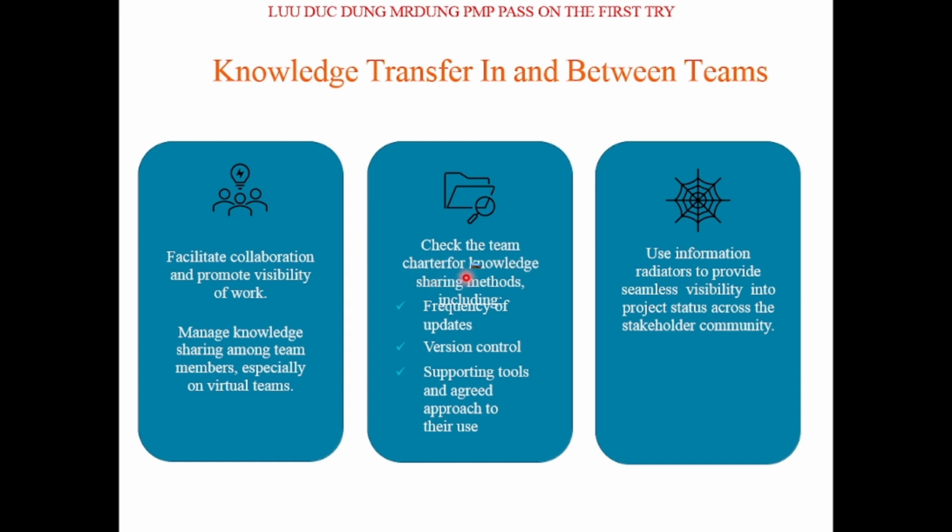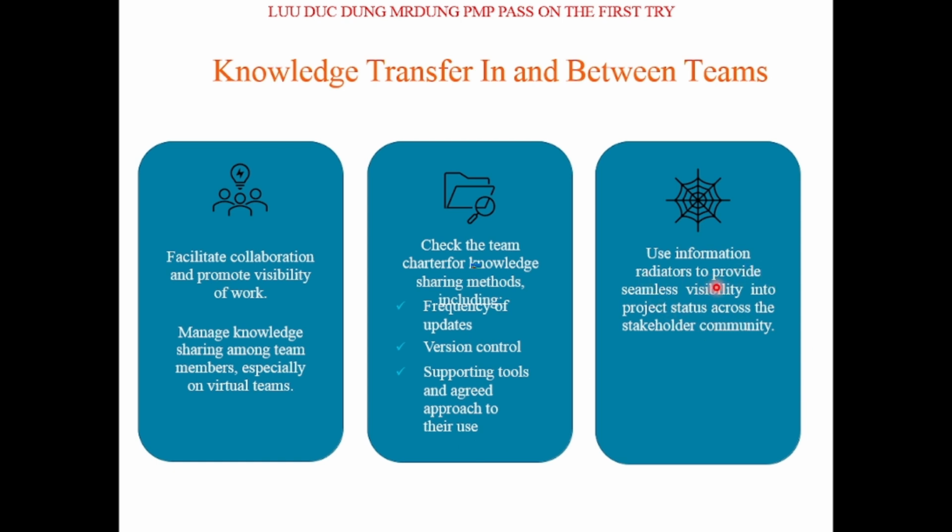Check the team charter for the knowledge sharing method. The team charter includes frequency of updates, version control, supporting tools, and the agreed approach to the tools used. We have to check the document.